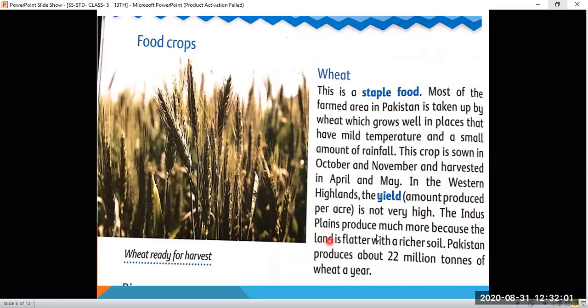In the Indus Plains, they produce much more because the land is flatter and has richer soil. Pakistan produces about 22 million tons of wheat a year.